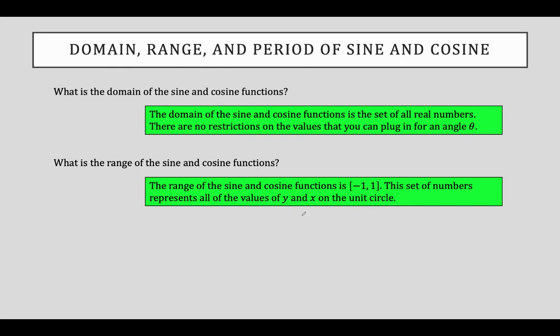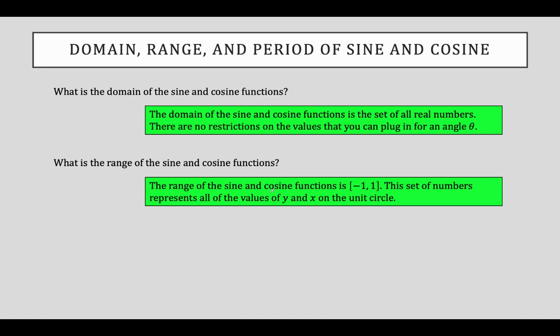So again, think back to what your unit circle looks like. To evaluate the sine of an angle on the unit circle, you need to identify the y-coordinate. Well, the smallest y value that we have on the unit circle is -1, and the greatest y value that we have on the unit circle is +1. Therefore, we have to get out something between or equal to -1 and 1.